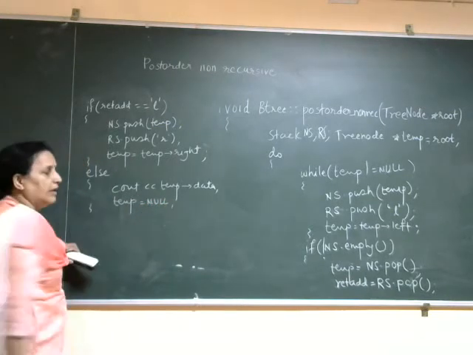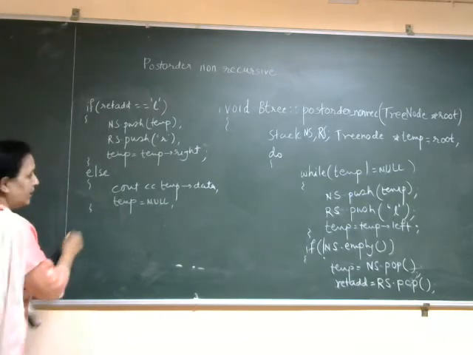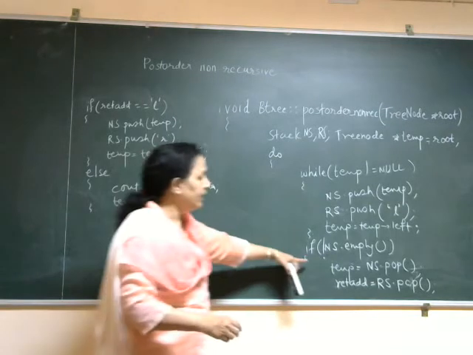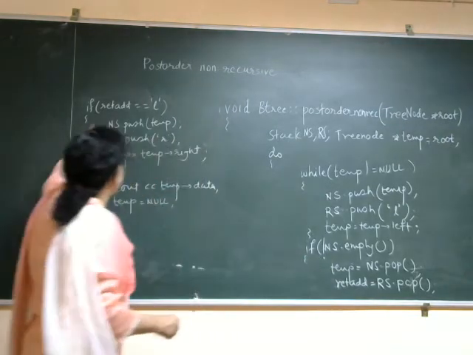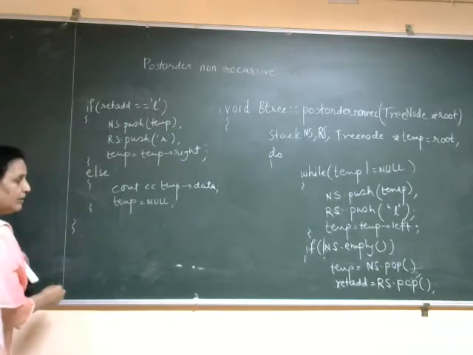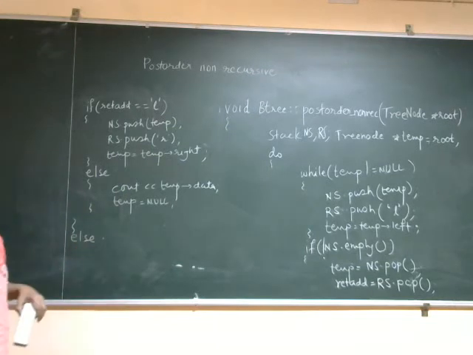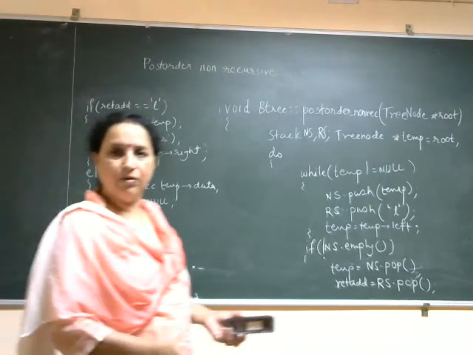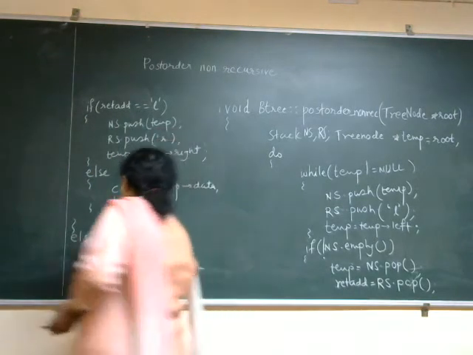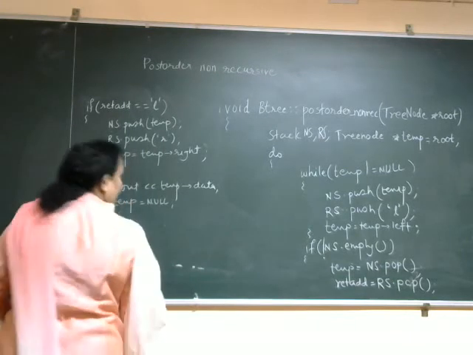Okay. Now this will work. Now if the stack is not empty, I am having all these things. Now if the stack is empty, what should I do? That is the else part. If the stack is empty, I should stop working. So what I'll say? I'll say break. Okay.